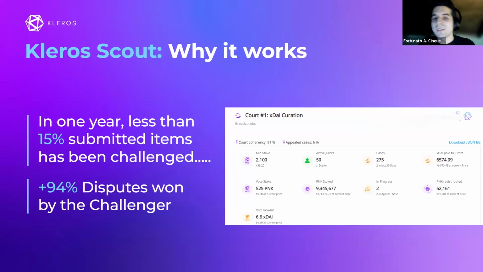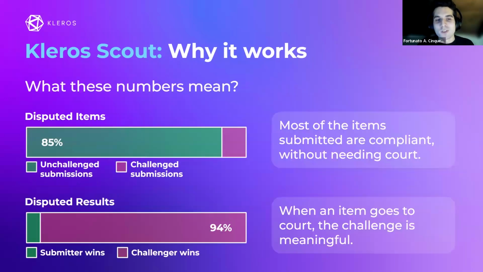But what does this number mean in real life? This means that most of the items that have been submitted are compliant at the first verification layer. So the community does a great job in reading the policy and posting only compliant items.